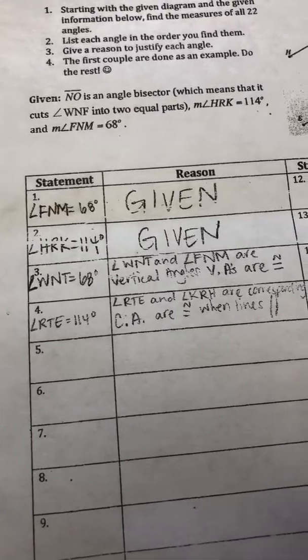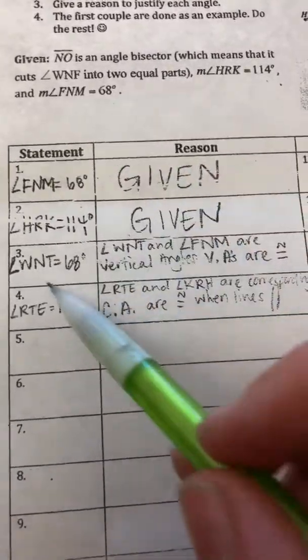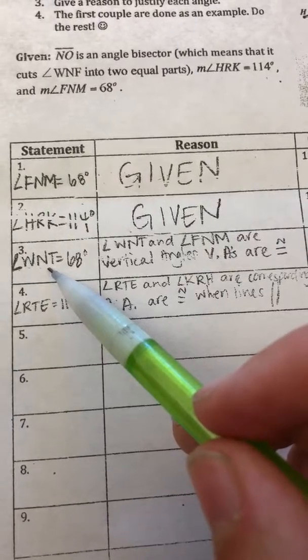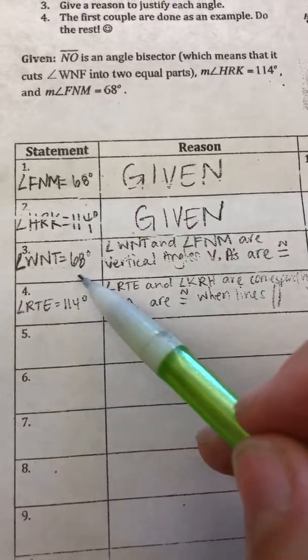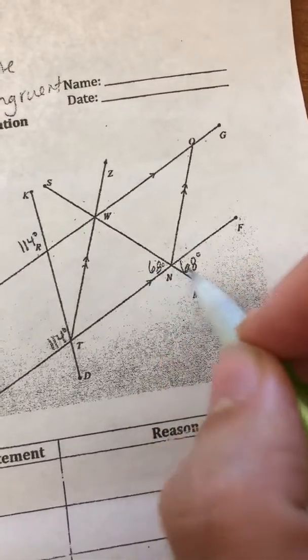Now, I think I've said this to you in class multiple times, but my favorite types of angles are vertical angles, those kissing angles. So that's kind of why I went with angle WNT right here. I said that it was 68 degrees because when I was over here, I noticed vertical angles, okay?